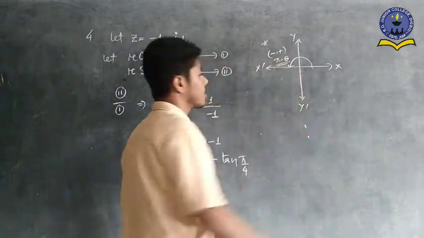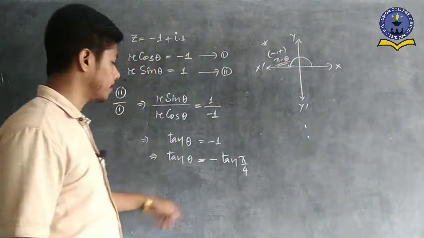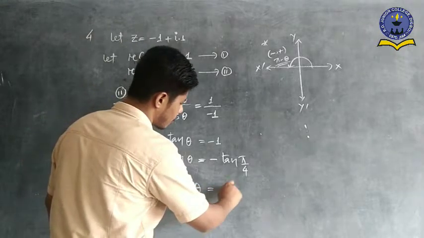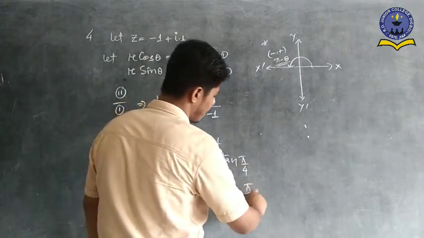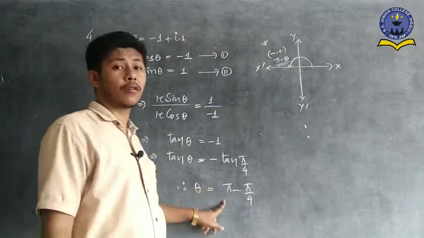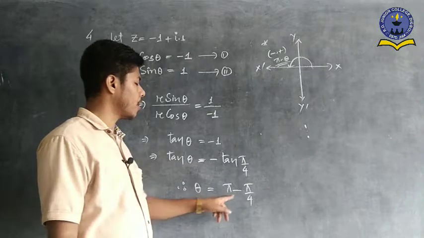Therefore, theta equals pi minus theta, where theta means pi by 4. Is it clear? Since it is a positive angle, no need to put a negative sign here. So theta equals pi minus pi by 4.